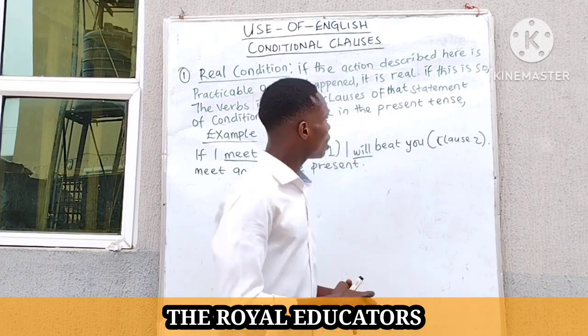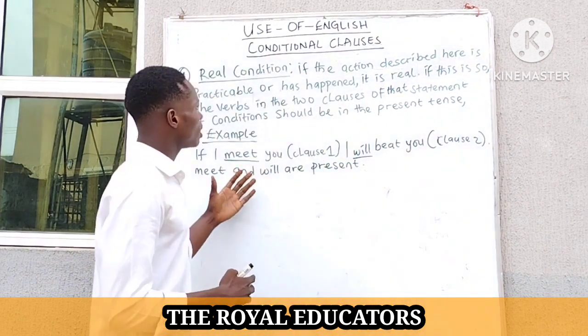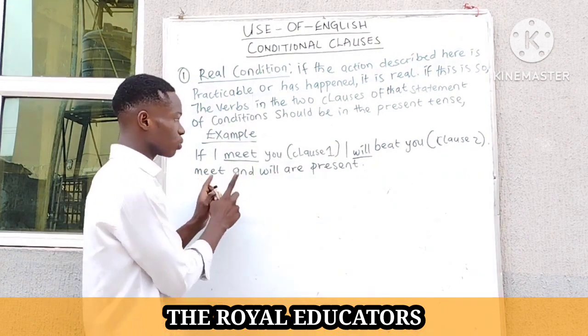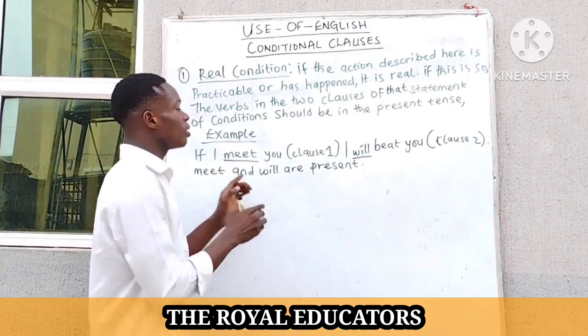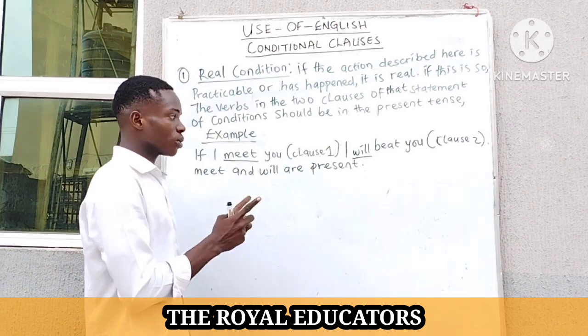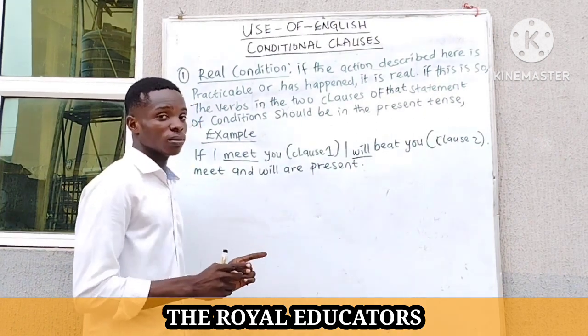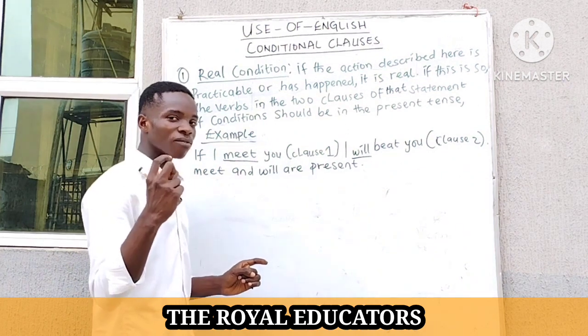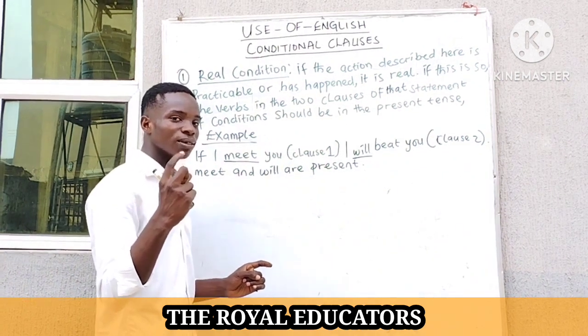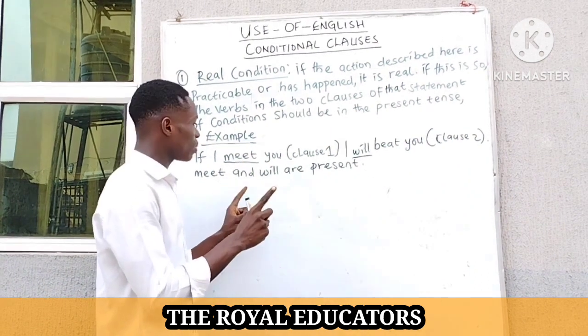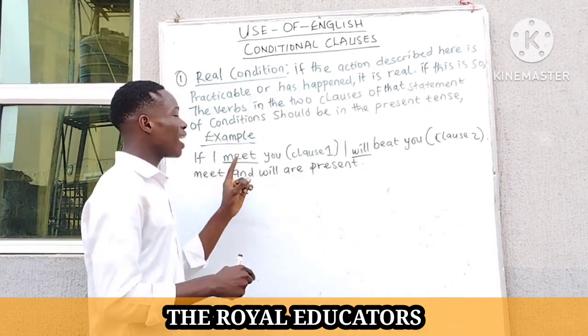Now let's look at some examples. I've given an example here: if I meet you, which is clause 1, I will beat you, clause 2. If your sense is still active, you will look at this and examine something deep in it.